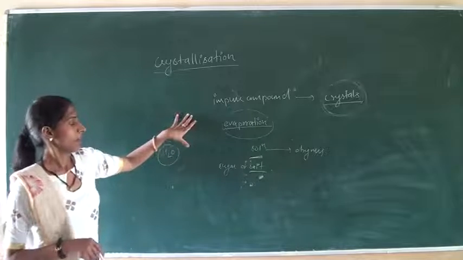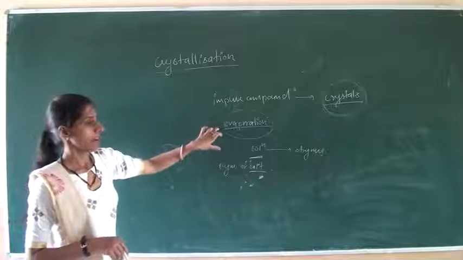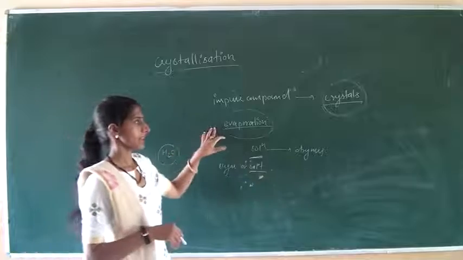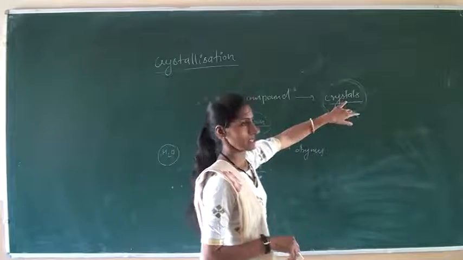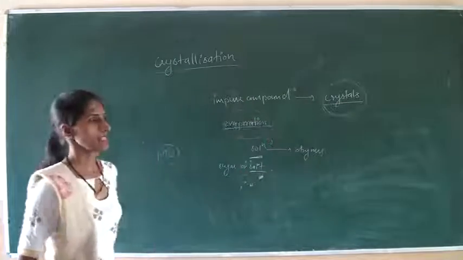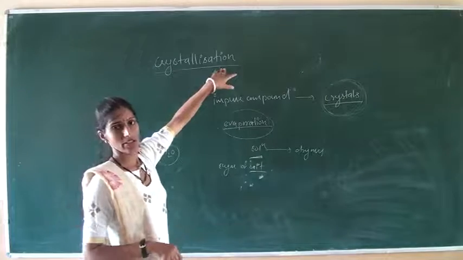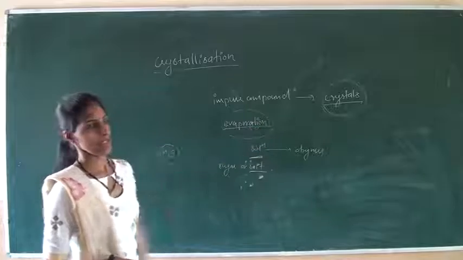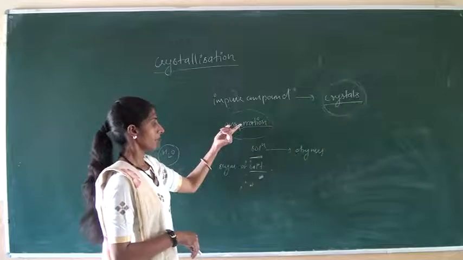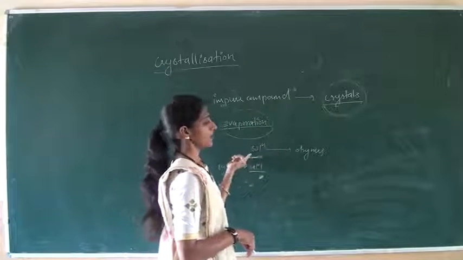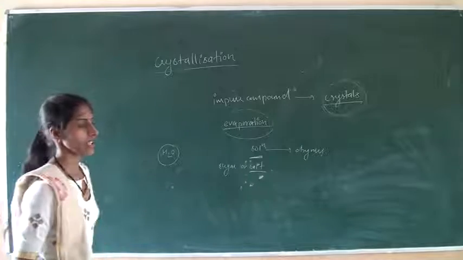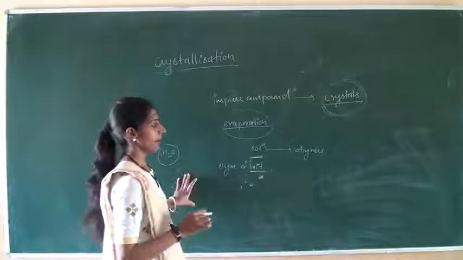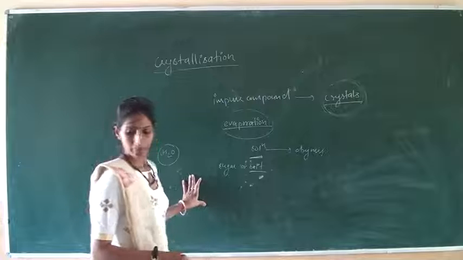The solid particles on further cooling get converted into crystals, and we separate the crystals by using this crystallization method, which is a better technique than evaporation, because in evaporation we completely dry the solution, but in crystallization we do not completely dry the solution. Okay.